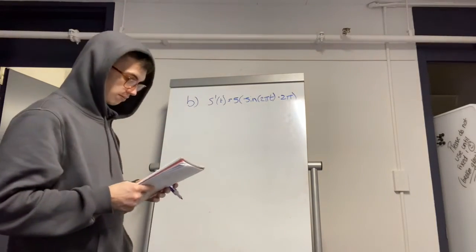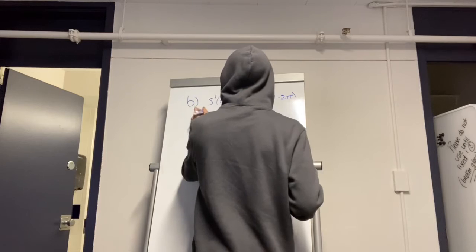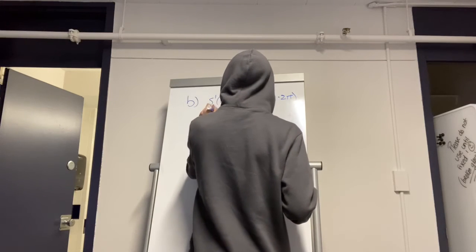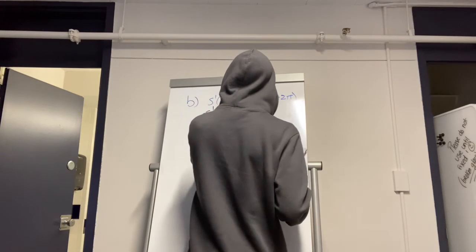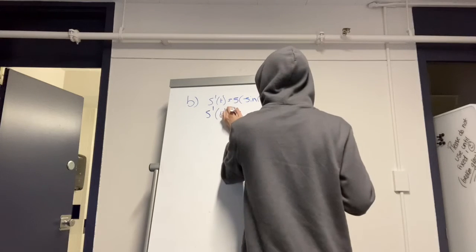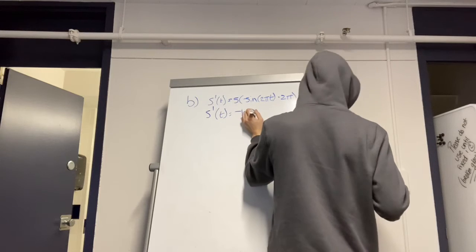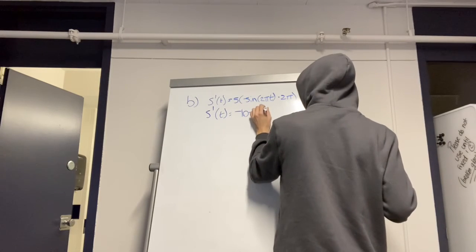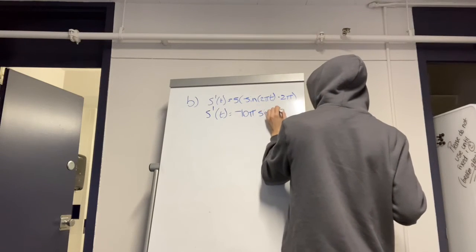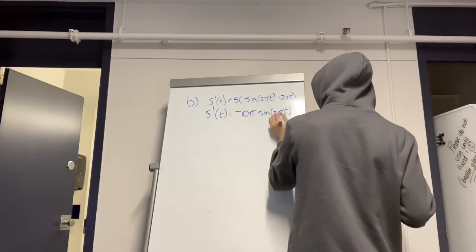Let's start off by simplifying it to s prime of t equals negative 10 pi sine of 2 pi t.